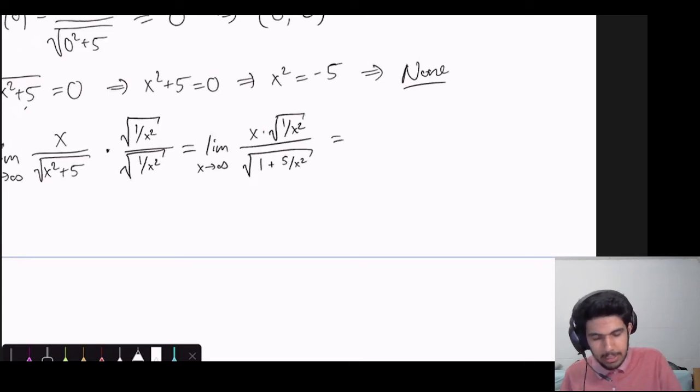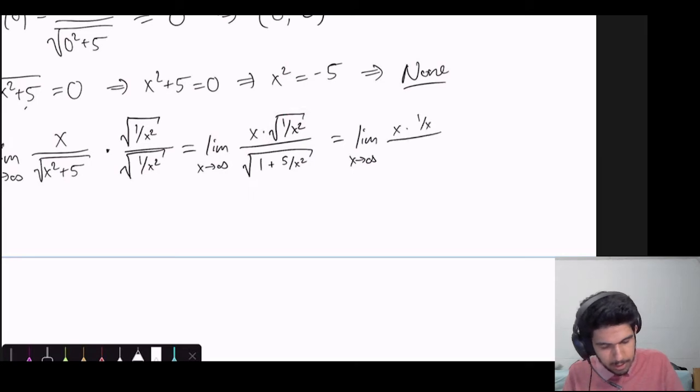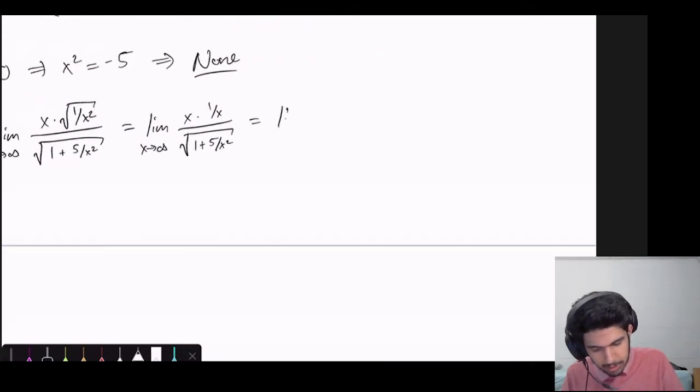And we can see that the square root of 1 over x squared is equal to 1 over x. So this is x times 1 over x, all of this divided by the square root of 1 plus 5 over x squared. So this is equal to the limit as x goes to infinity of 1 over the square root of 1 plus 5 over x squared.